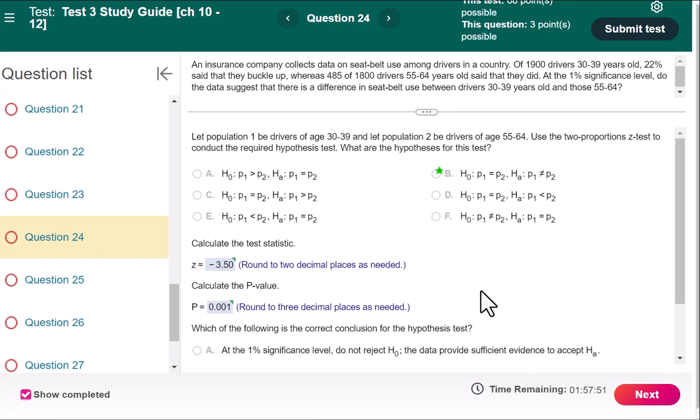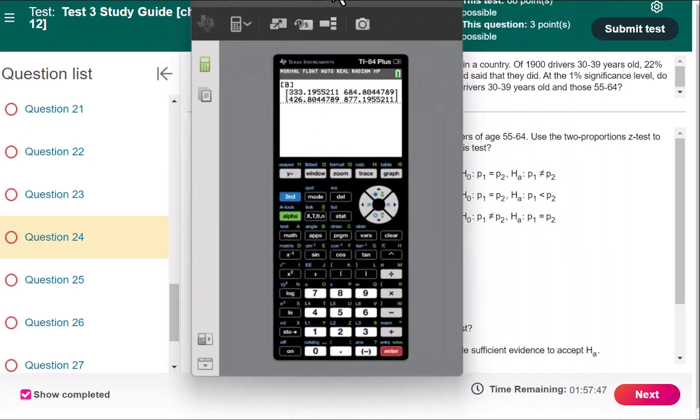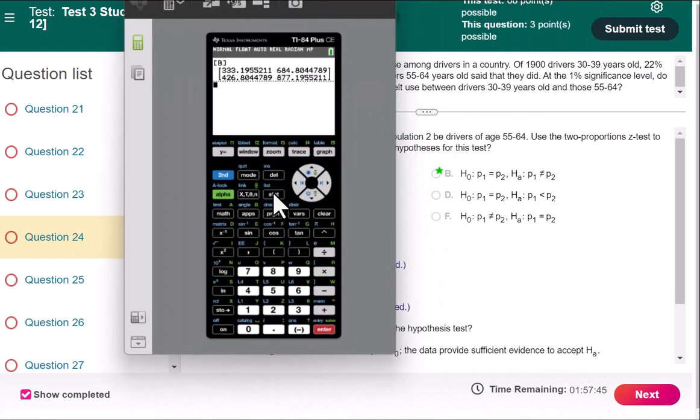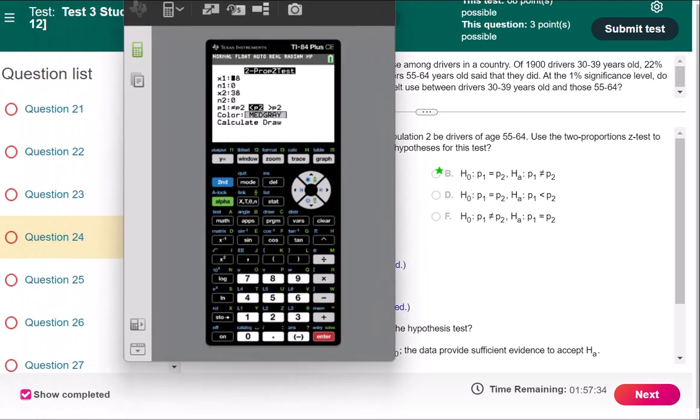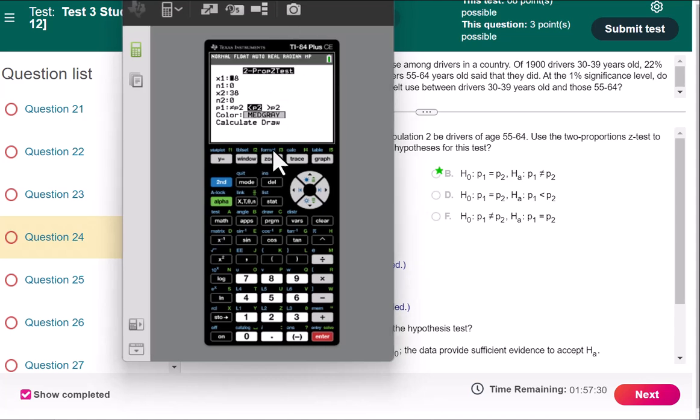So I'm just going to take you back to the calculator and show you how to do that on the calculator. So we'll just go there. You go to Stat, Tests, 2 prop Z test, enter. Okay, X1. How many successes? He says of 1,900 drivers, 22% buckle up. He didn't give me the number, but look what you can do, guys. You can take 0.22 and multiply by 1,900, and then you can find X1.